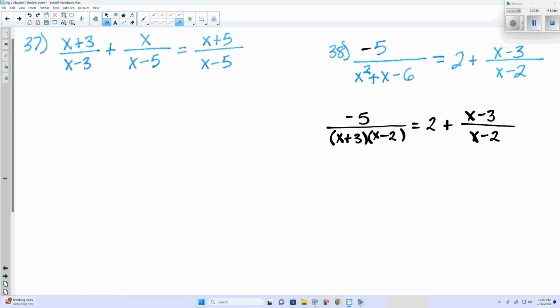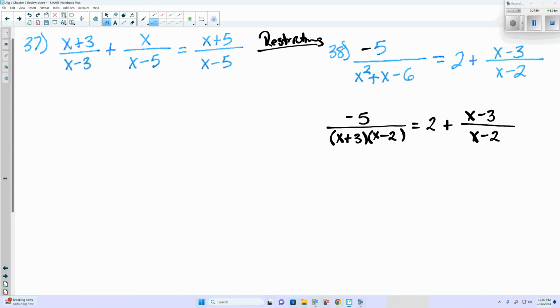And I can check it here. We would check it off to the side. X times negative 2 would be negative 2x. 3 times x would be plus 3x, giving us the positive x middle term that we wanted. Questions on how we got it factored?